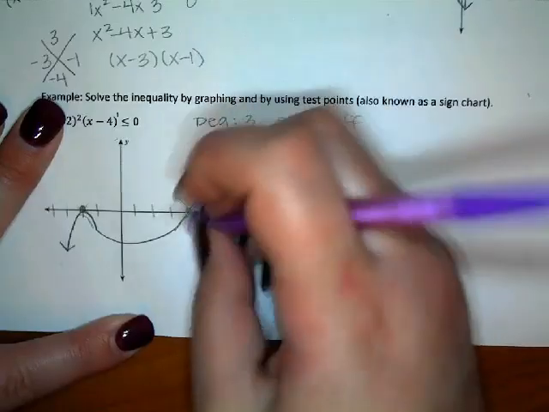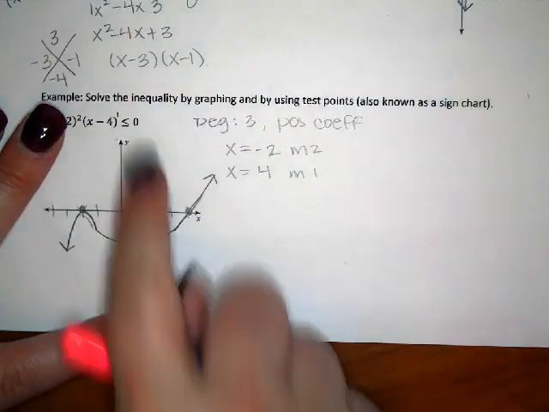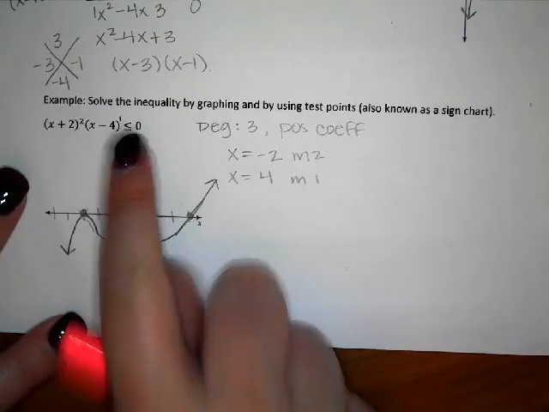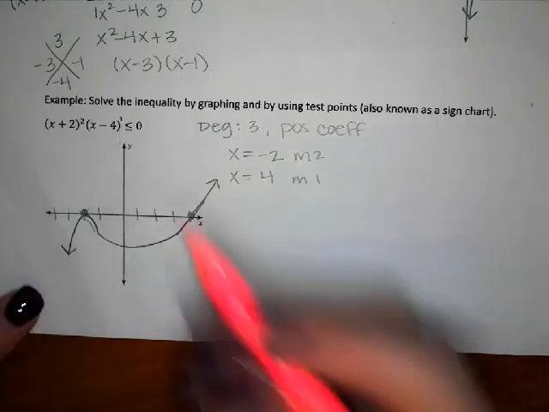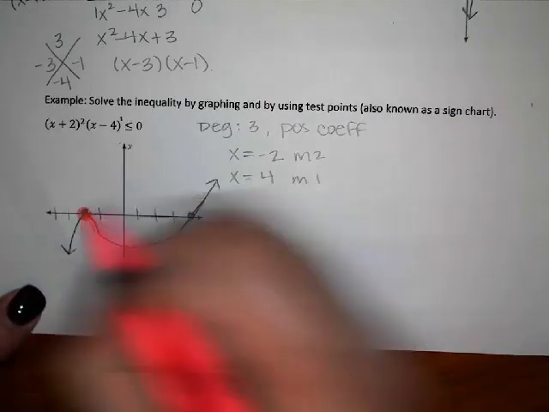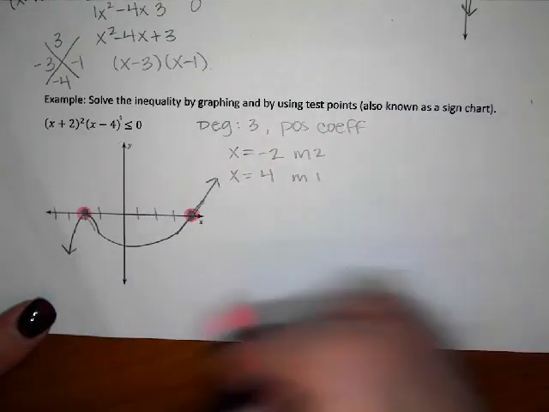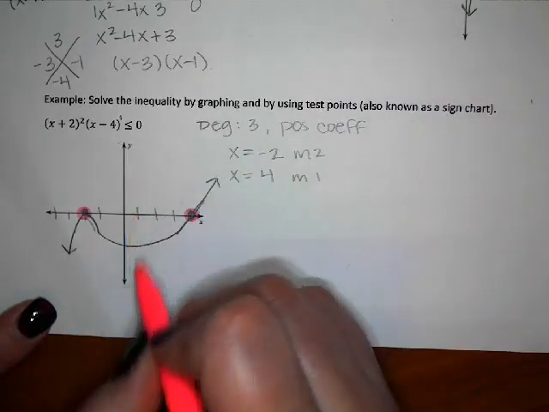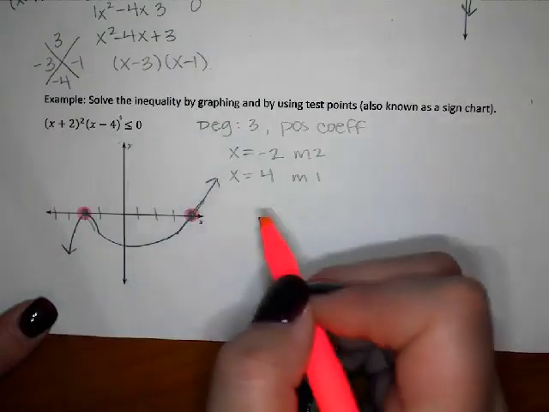And the problem says that the answers are those that are less than or equal to 0. So the points that are equal to 0 are those that are on the line. Those that are less than 0 are those that are below the x-axis, because we're thinking about the outputs. The outputs of the function would be the y-coordinates.